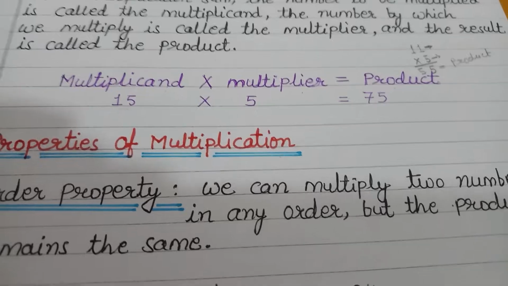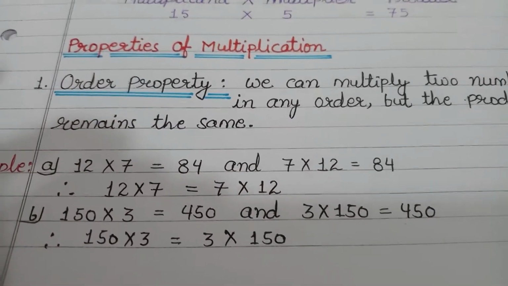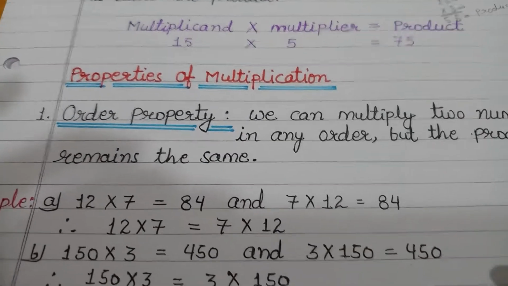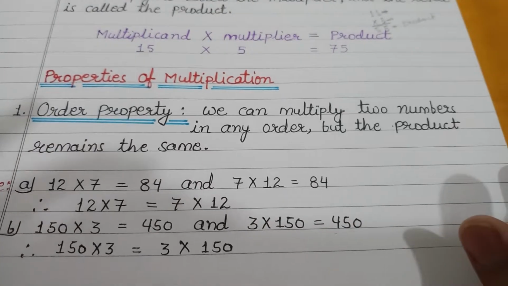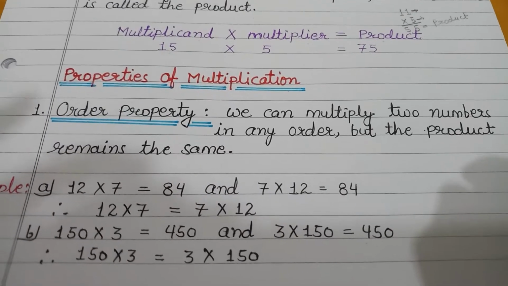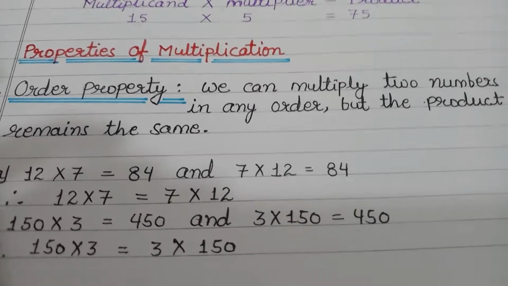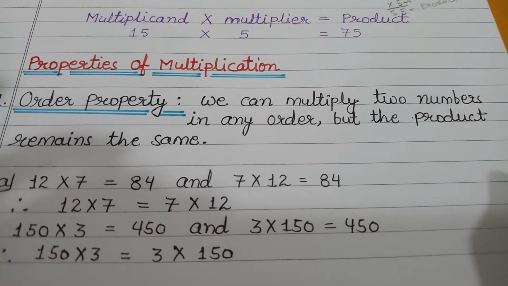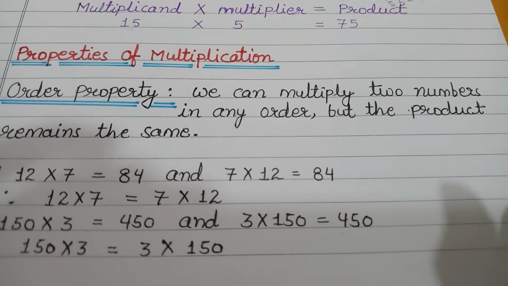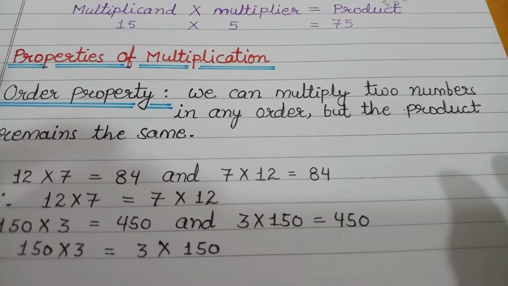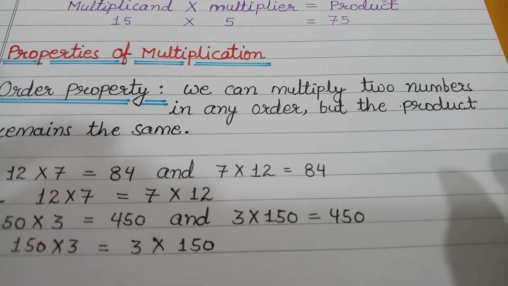Now we are coming to the properties of multiplication. The first property is the order property. This property we have learnt in addition and subtraction both. In addition, if we change the order of the addends, the sum is not affected. In subtraction, the order matters, we can't change the order.